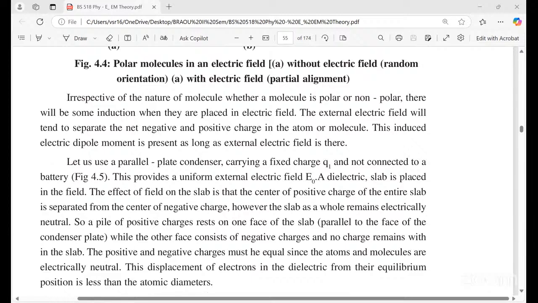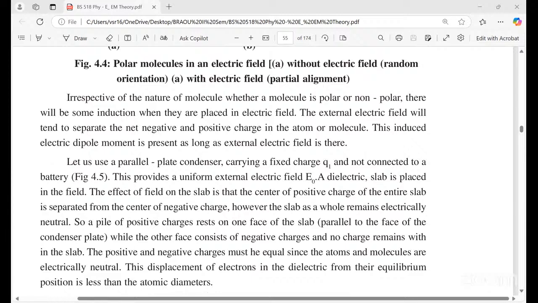But when you apply an external electric field, the dipoles are oriented in the direction in which the field is applied. Is it clear?